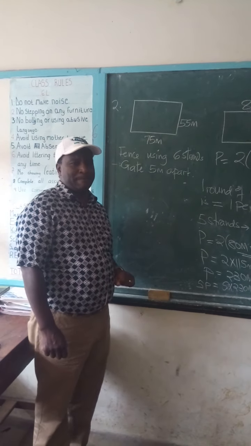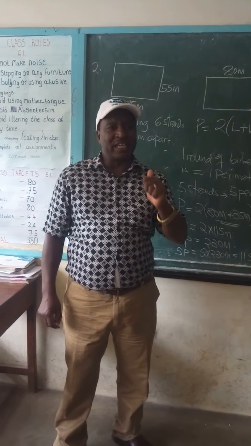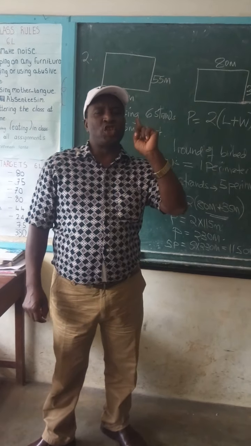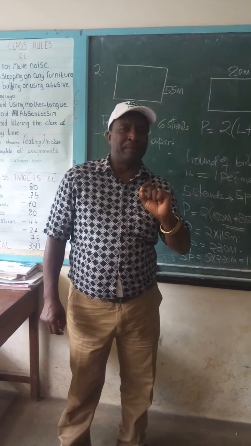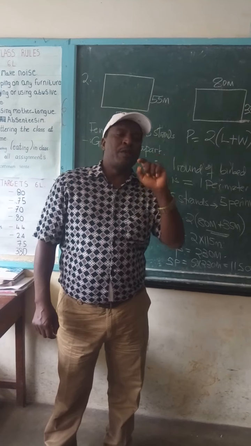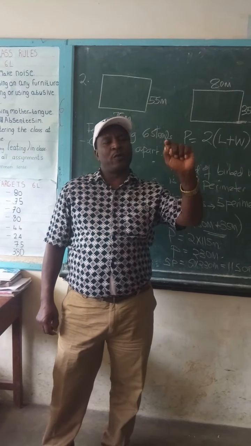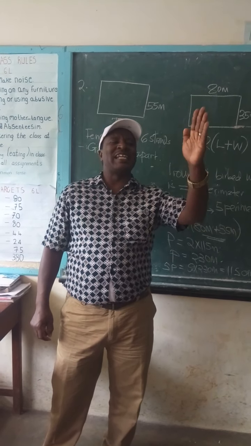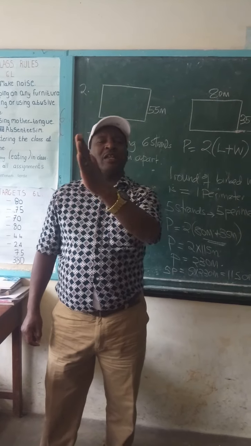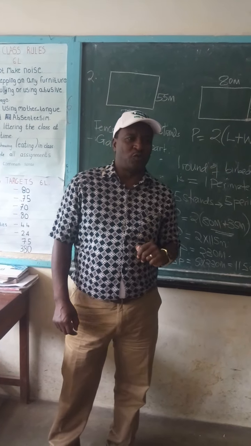Now, what I need to tell you is that where there is a gate, it means it's not a complete perimeter. This is going to be very useful for you.